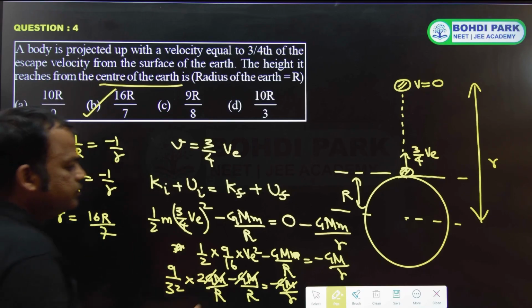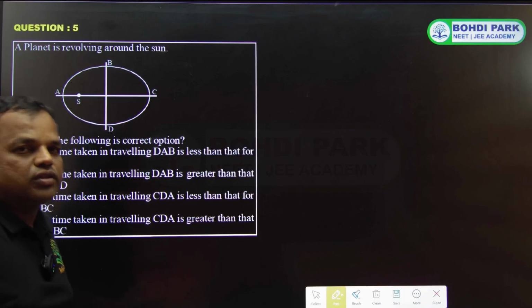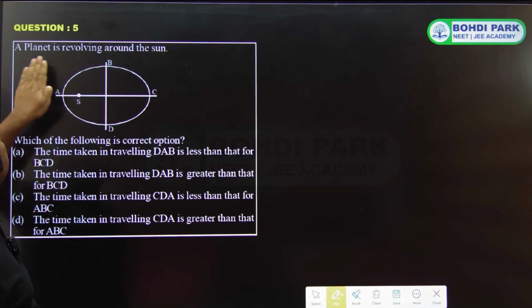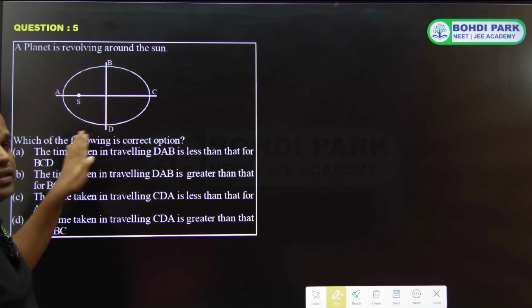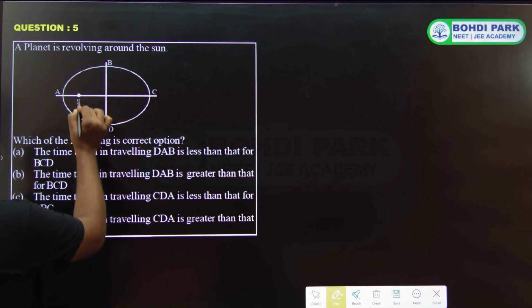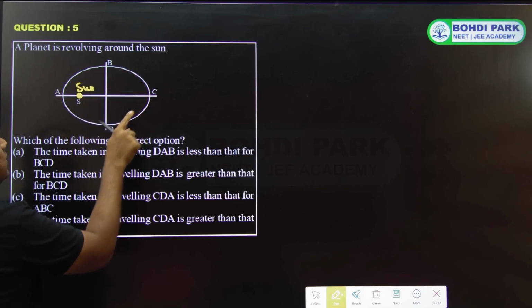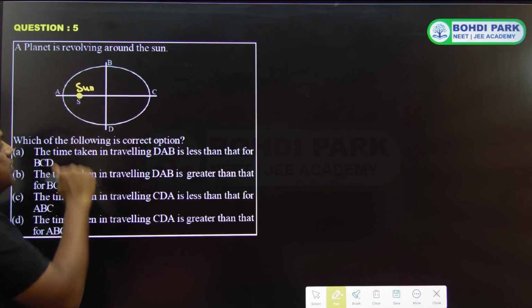Next question. The next question talks about planetary motion around the sun. A planet is revolving around the sun. So this is the elliptical orbit, at this point the sun, and this planet is moving A to B, B to C, C to D, D to A. This is the elliptical orbit around the sun.